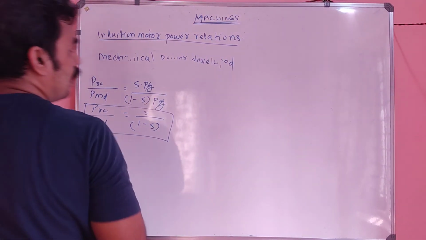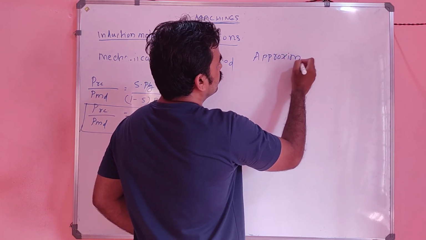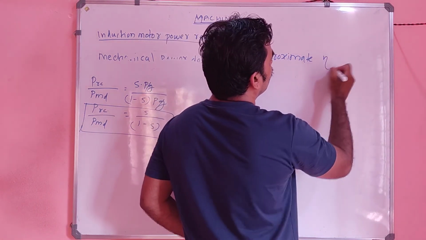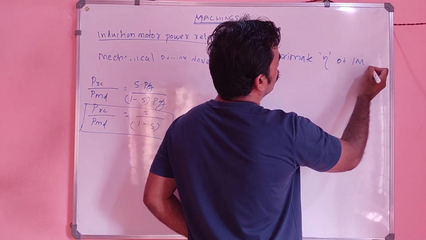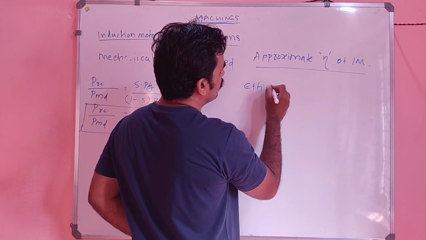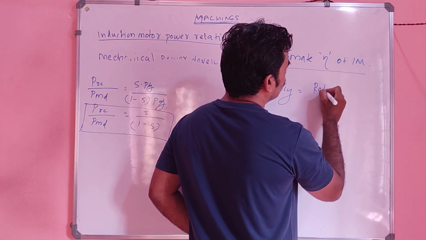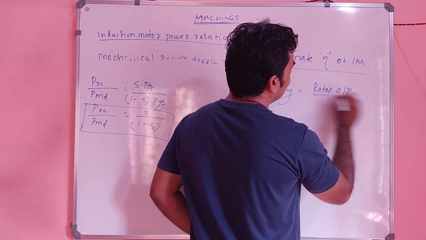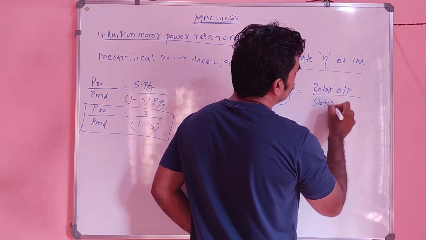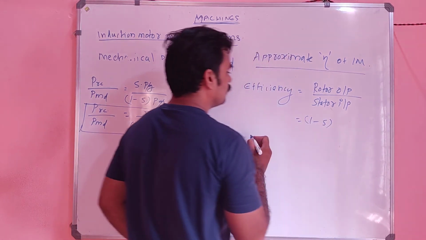Next, approximate efficiency of induction motor. Efficiency is rotor output by stator input, which is nothing but (1 minus s).